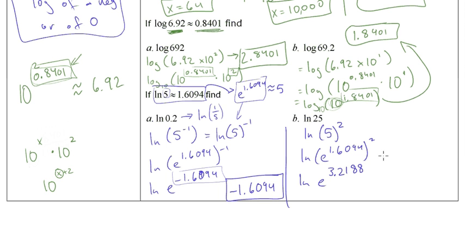I think that's right. And if it's base e and then of e, we're really just finding the exponent, and our exponent is right there. It's 3.2188. All right. Hope that helped.